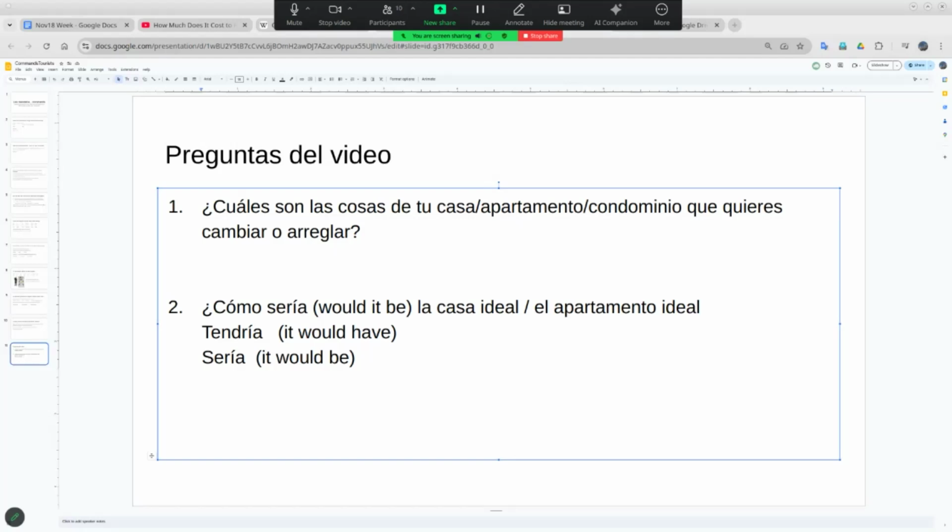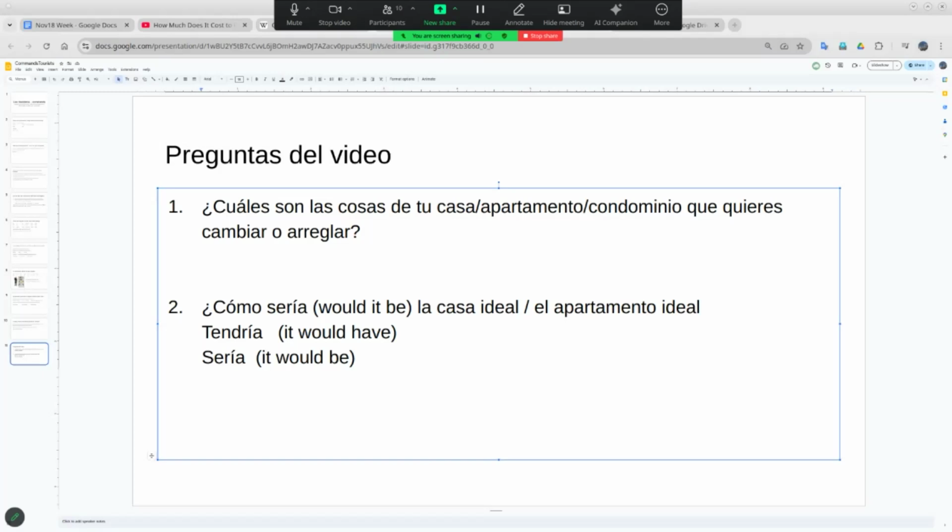Mi casa ideal tendría una cocina muy bonita y tendría dos hornos, una lavadora grande, el fregadero grande, right? Sí, bien. Dos hornos, sí.